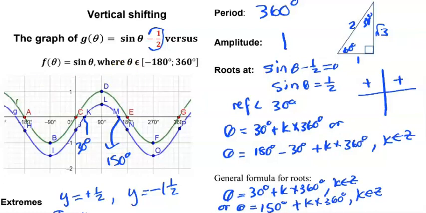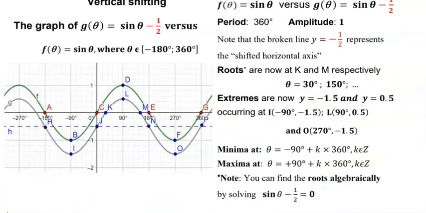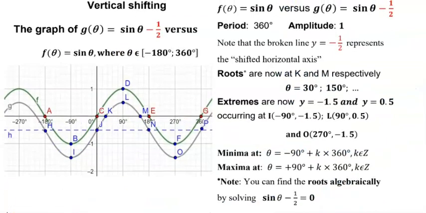On this page there's a summary of the vertical shifting for this specific graph, and what we must notice is that this line y equal to minus a half, which is this line here, just represents the shifted horizontal axis.